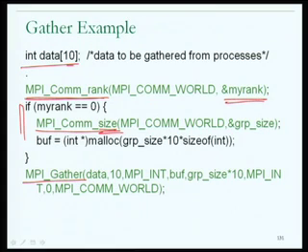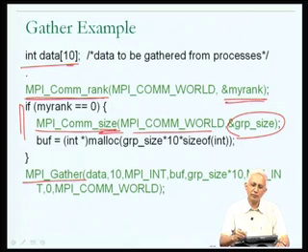What MPI comm size returns is the size of the communicator in question, and by size we mean the number of processes in that communicator, and therefore the ranks of the processes within the communicator would go from 0 up to group size - 1.